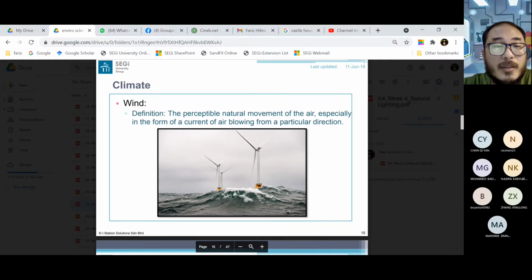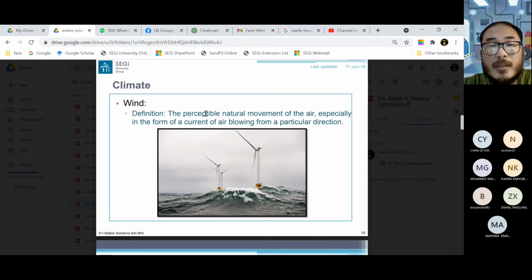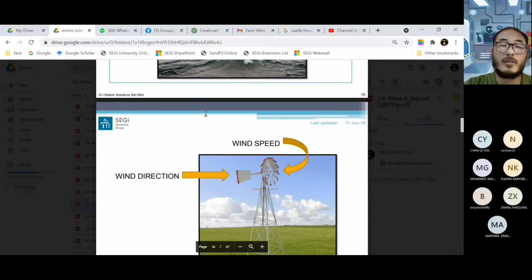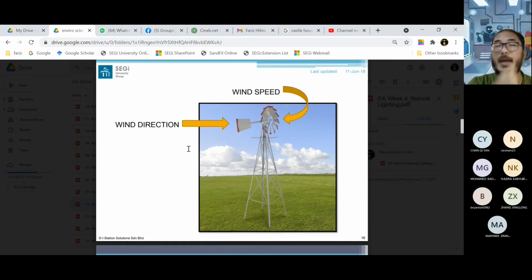Okay, so next would be wind. Definition: the perceptible natural movement of air, especially in the form of a current of air blowing from a particular direction. Not all countries have wind that is strong enough that you can generate electricity.